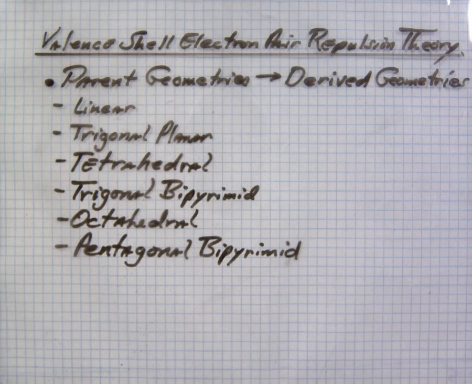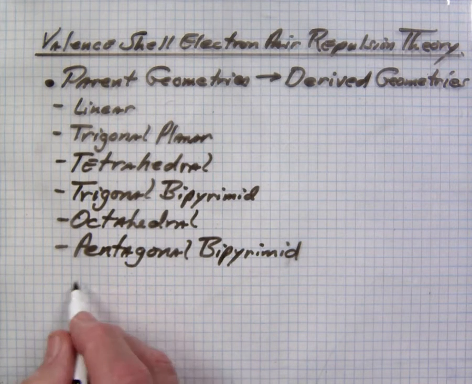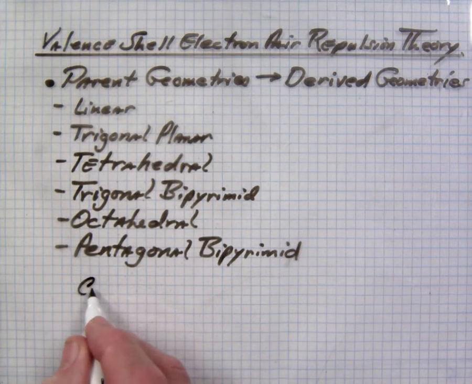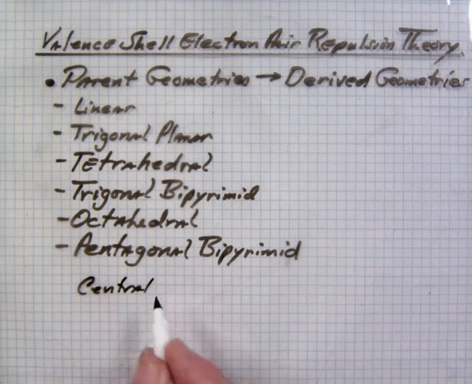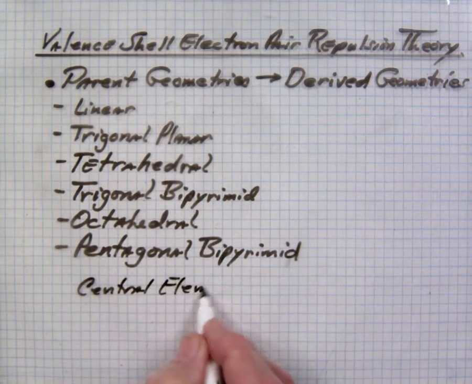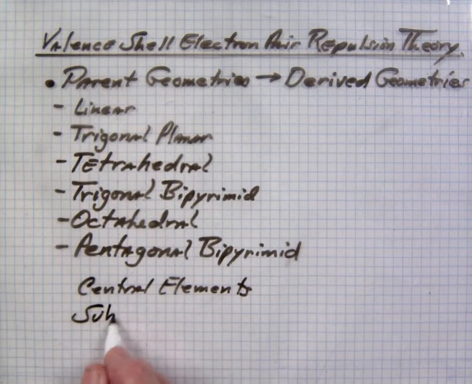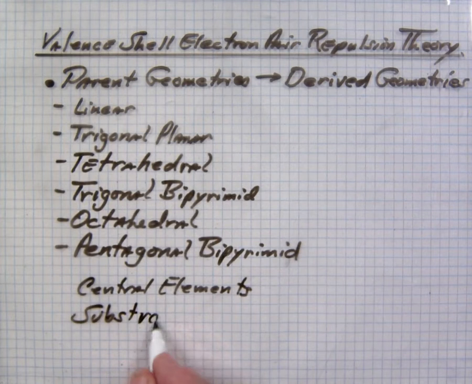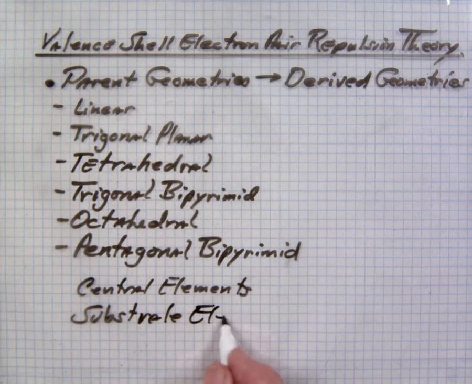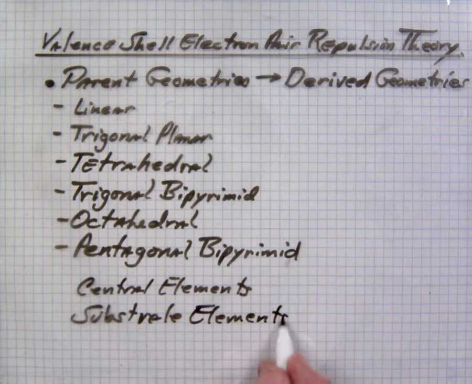Now, in constructing molecules, we have a certain notation that we use, called central elements and substrates.